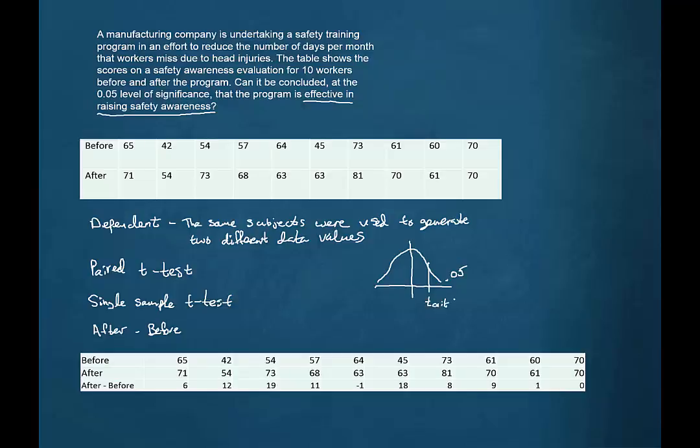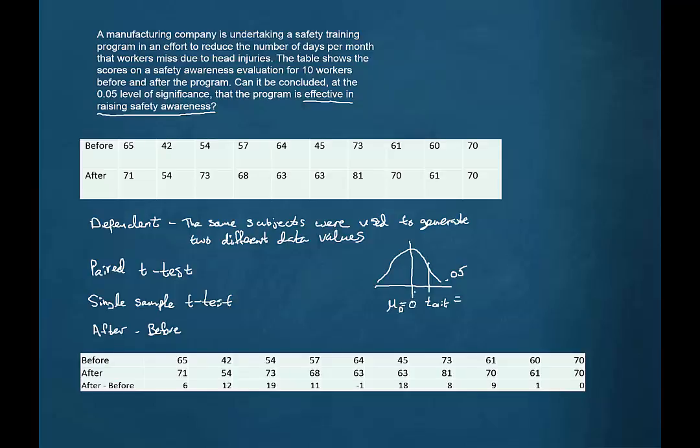So we would need to get a critical value. And what we are hypothesizing here is that this mean difference, so now we're using a symbol here, capital mu for population mean, but this little subscript d means the population mean of the differences.